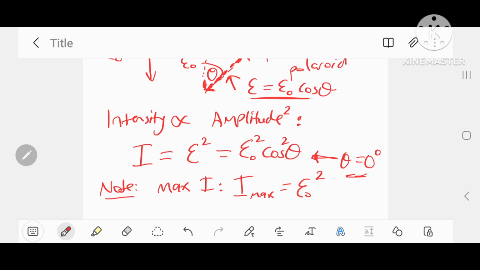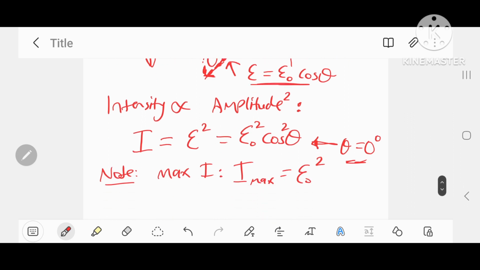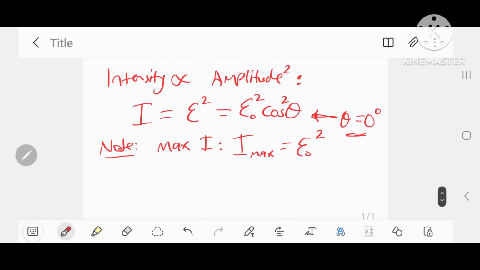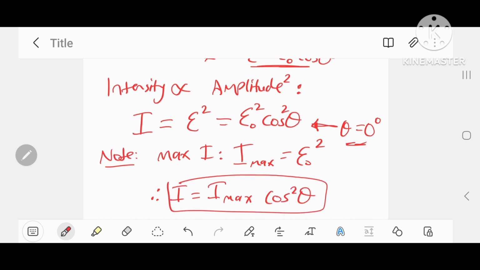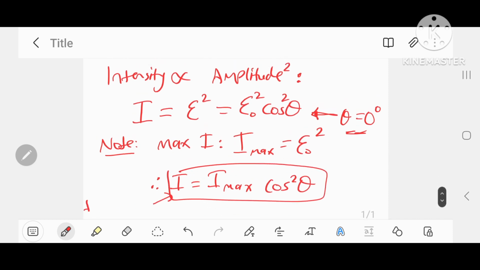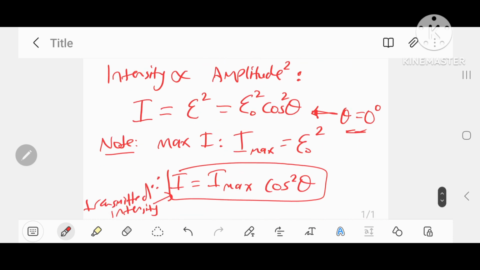In other words, when the electric field component is parallel to the polarization axis, you get maximum intensity. And so therefore we can write I is equal to I sub max cos squared theta, where I is the transmitted intensity, so the intensity that comes out of the filter up here, okay, the transmitted intensity.